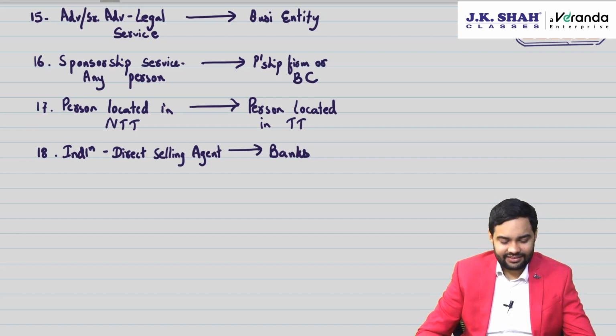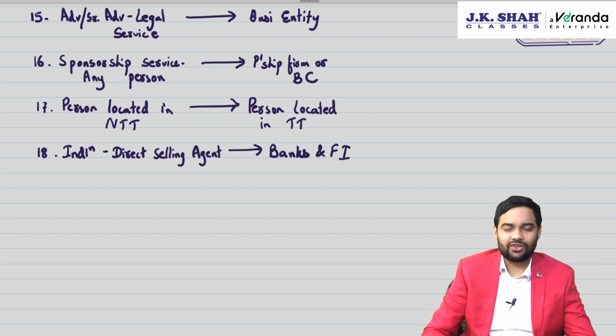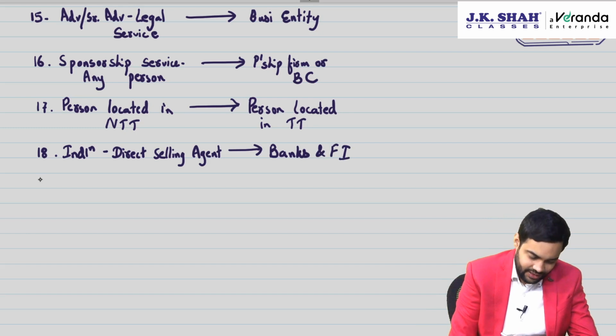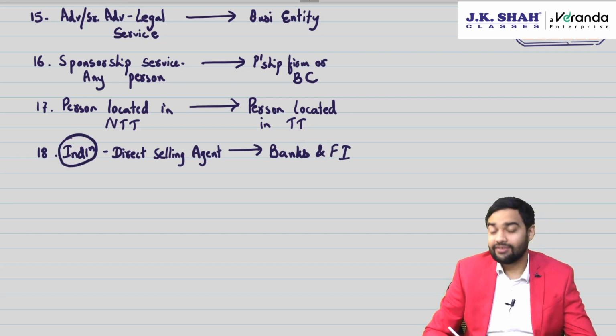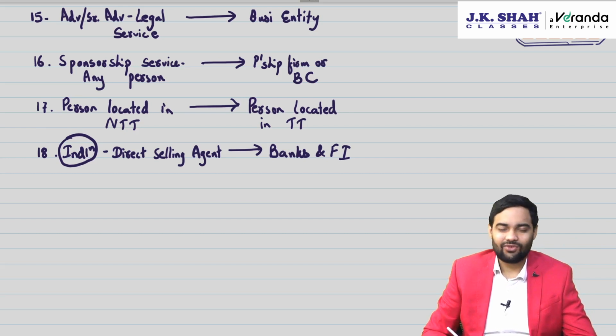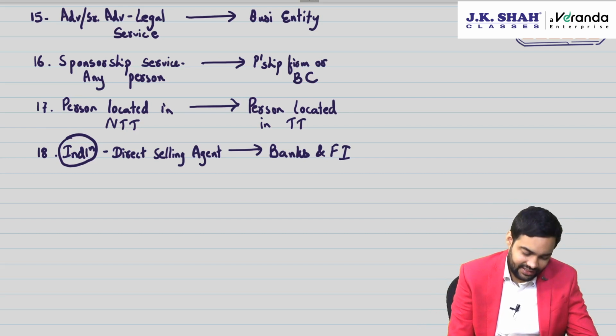And here all this will also include NBFCs, because the term financial institution also includes NBFCs. And careful, it's an individual. Institute has a number of times given body corporate giving direct selling agent. That is a case of forward charge, because only when an individual is the supplier, only then it is covered here.